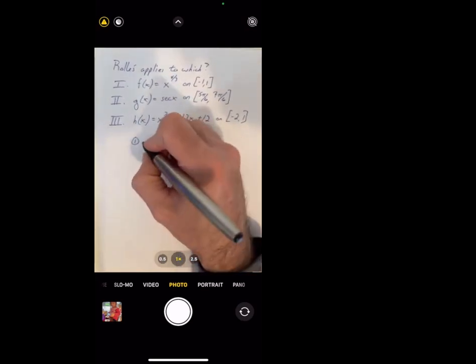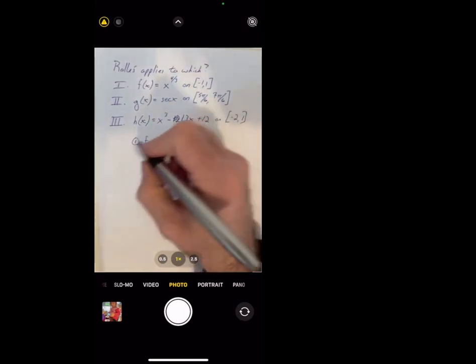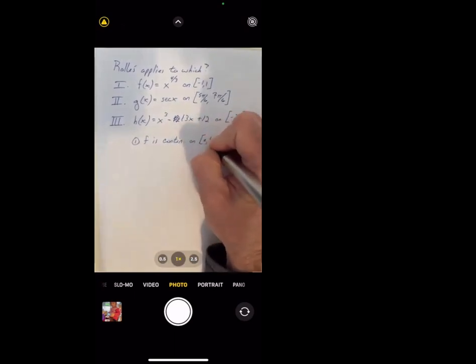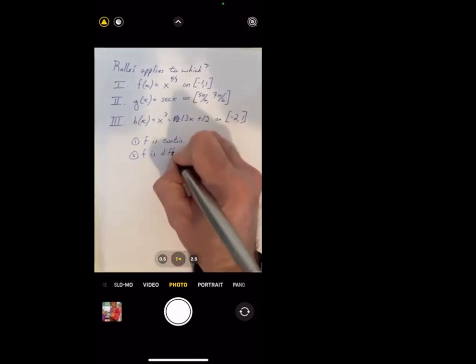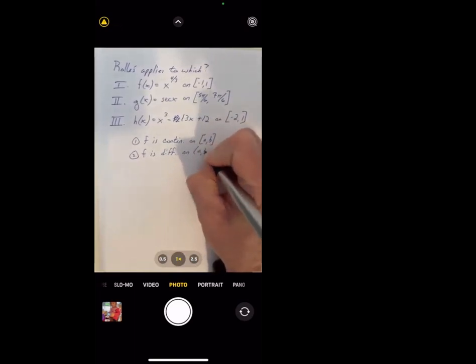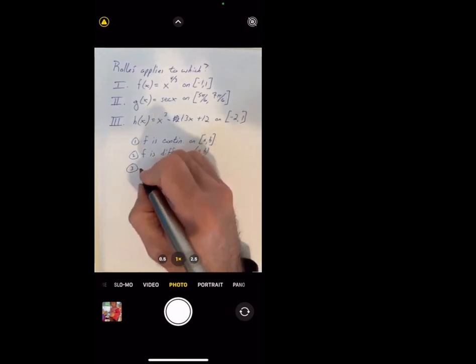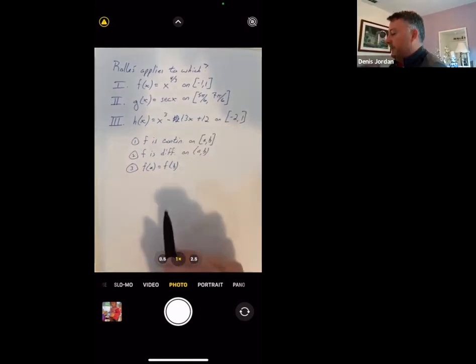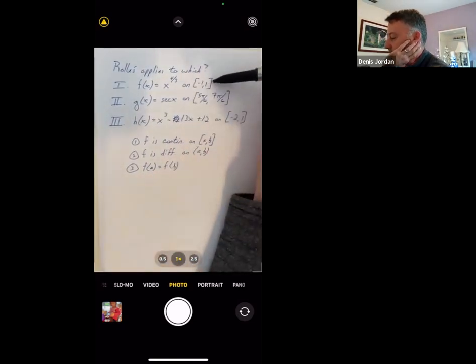It must be continuous on the interval, it has to be differentiable on A to B, and f of A has to equal f of B. If all three conditions work for your given function, then you can apply Rolle's theorem to it.